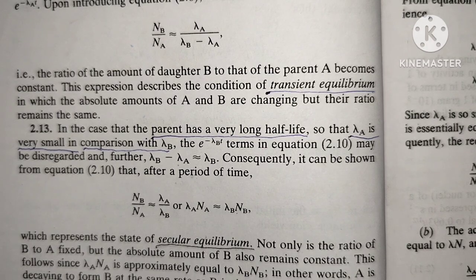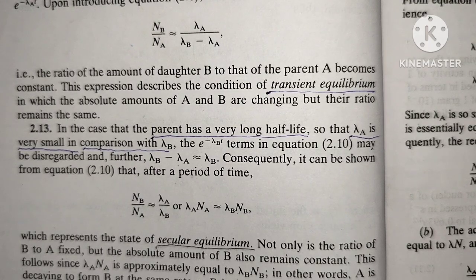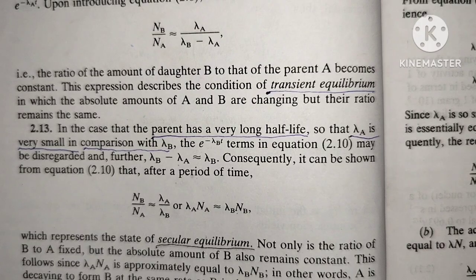In that case, it attains secular equilibrium. Parent nuclides are decreasing, but daughter remains constant. How is it possible? Because daughter is produced due to the parent. It should accumulate, no? But it's not accumulating.